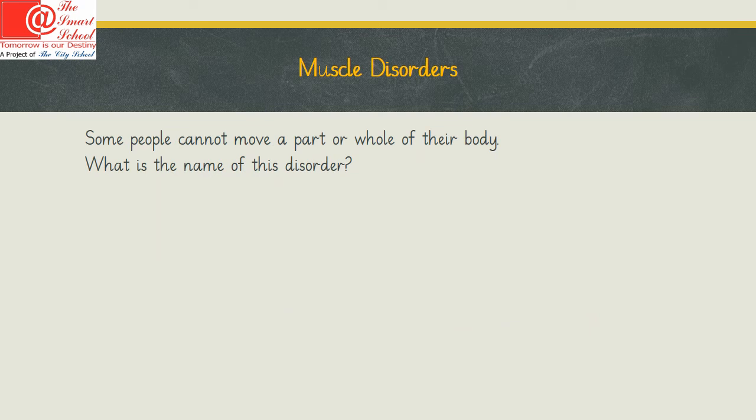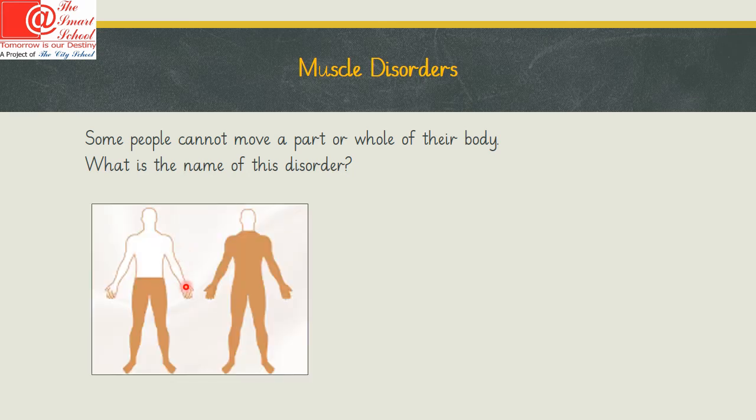Muscle disorders. Some people cannot move a part or whole of their body. This particular disease or disorder is called paralysis. You can see here, this person has paralysis on the lower side of his body. The legs cannot move due to this disorder.